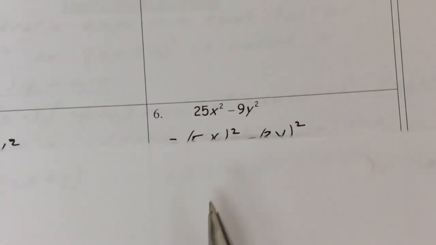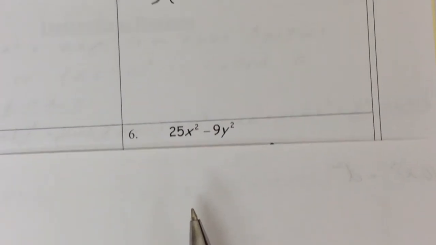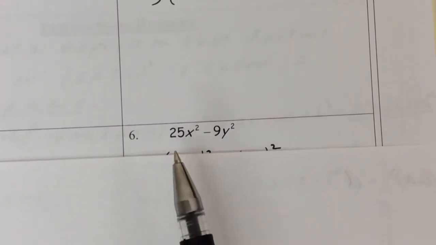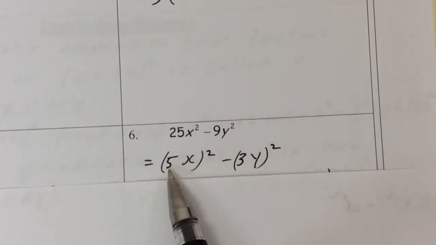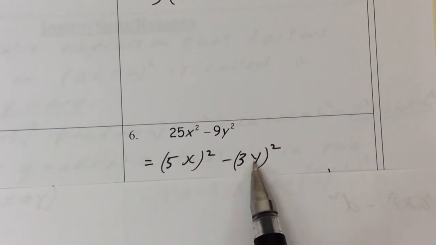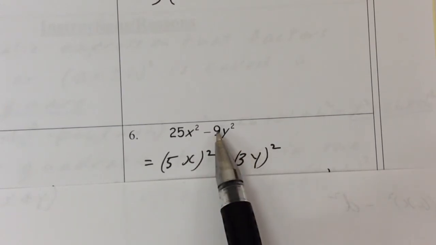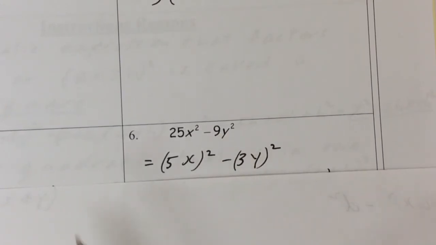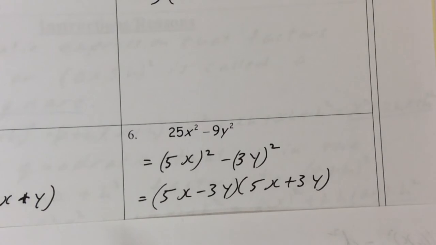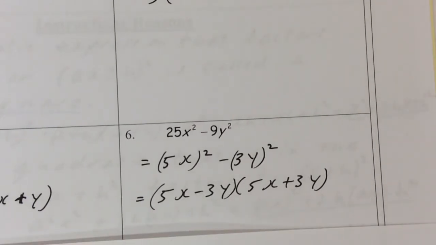Okay, the last one here. 25x squared minus 9y squared. Can you write that as a difference of two things squared? You sure can. 5x all squared is 25x squared. 3y all squared is the same as 9y squared, and there's a difference. And you can plug it into your factoring formula with a minus and a plus in between them. And that's it for difference of squares.